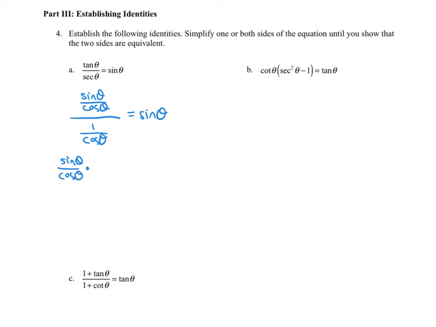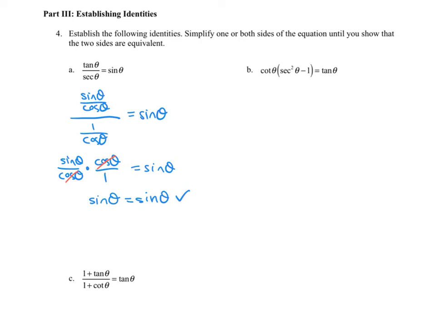When we divide by a fraction, we multiply by the reciprocal, and those cosine thetas cancel out. So when I cancel those, the left-hand side becomes sine theta, which is now equal to the right-hand side, and we've proved that those two expressions are equivalent.